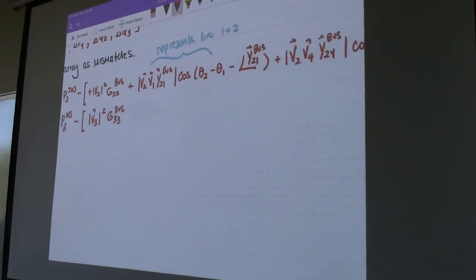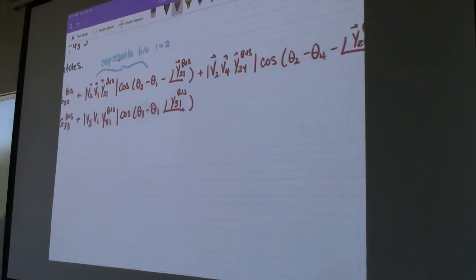Bus 3 is connected, so it's 1, 2, 3, 4, so it's connected to bus 1, it's connected to bus 4. So the first one we'll have is V3, V1, Y31 bus, cosine theta 3 minus theta 1, angle of Y31 bus, plus V3, V4, Y34 bus.